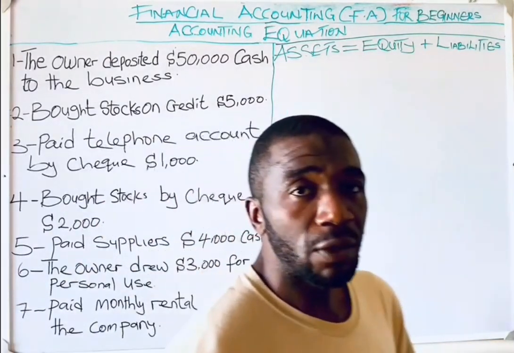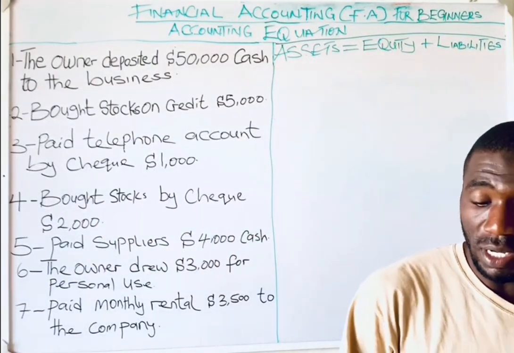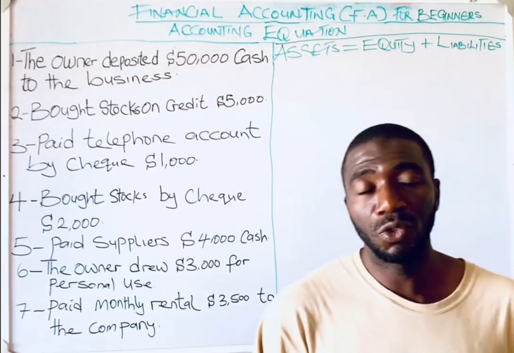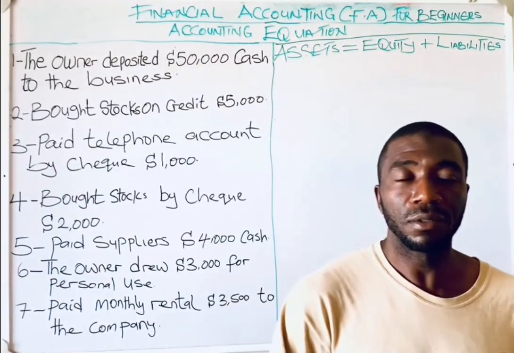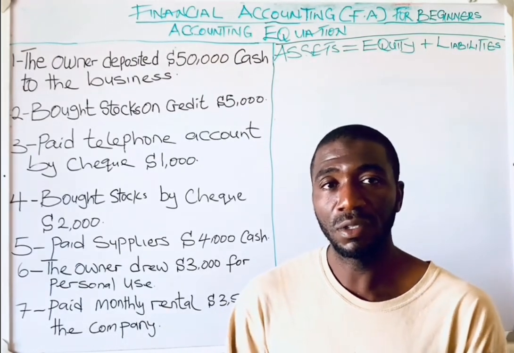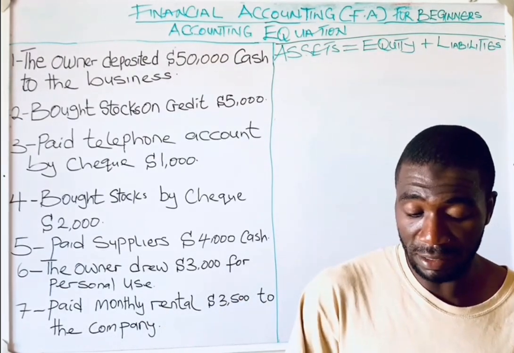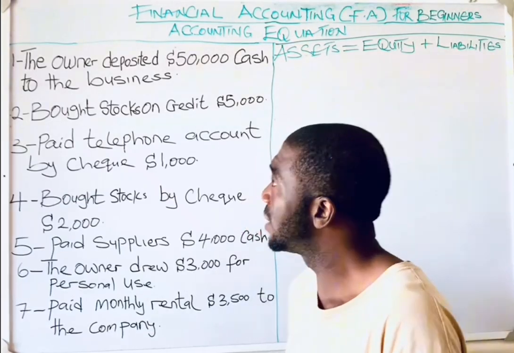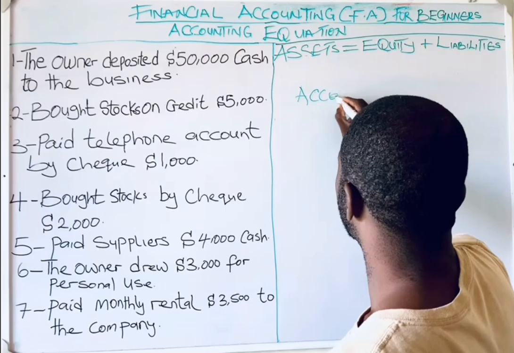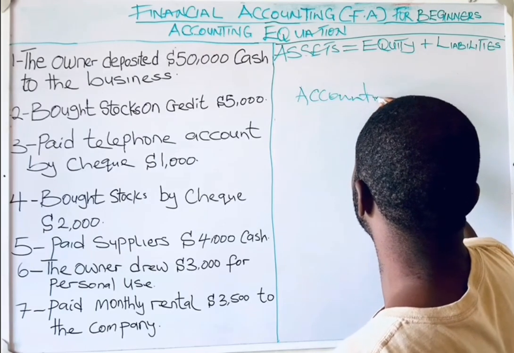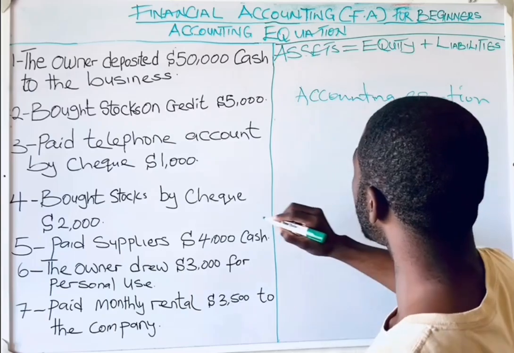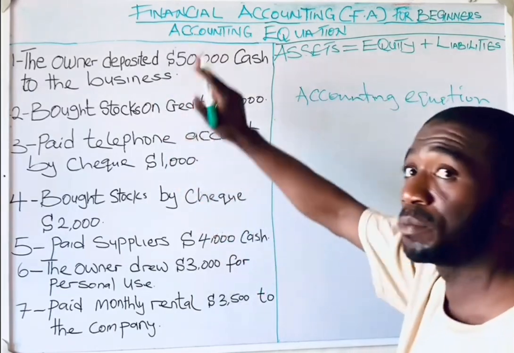So after knowing the meaning of financial accounting, let's look at the levels or steps that you need when starting your financial accounting preparation for the beginners. Now, we're going to look at the accounting equation. This is the first topic on the board.